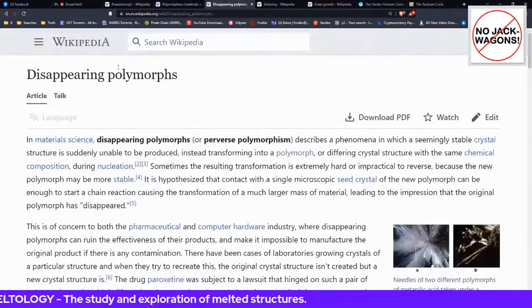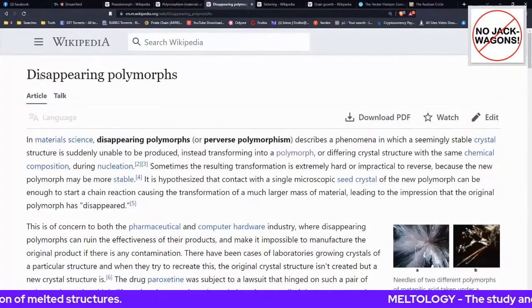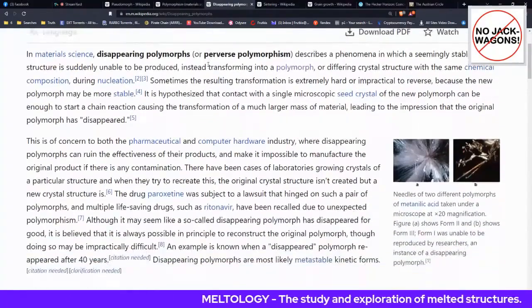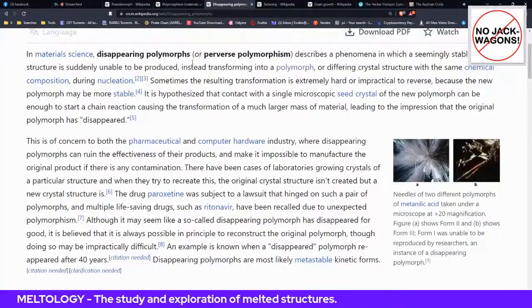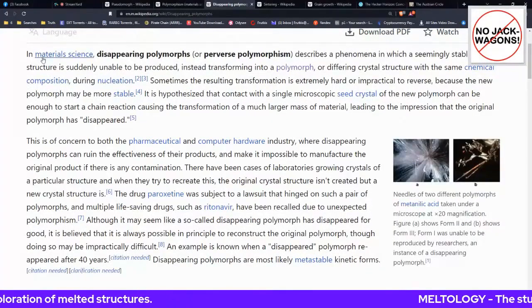And this one again is really interesting. Again with the polymorph, but these are called disappearing polymorphs. They don't really disappear; they're changed to something else.